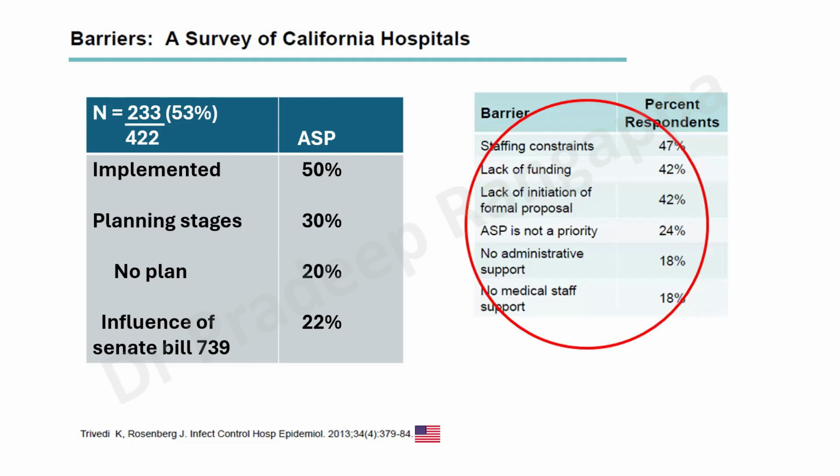So the barriers are prevailing across the globe, and most of the time, the barriers cited are funding, staffing constraints, behavioral issues, and no administrative support. This is very innate to even our Indian subcontinent, where all these problems do prevail.